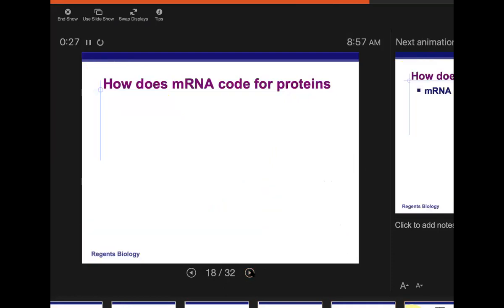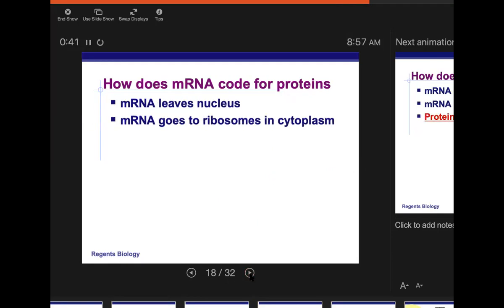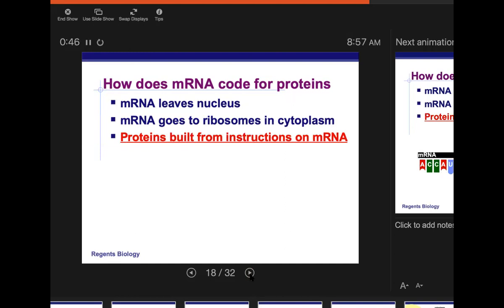So how does mRNA code for proteins? Okay, so now we've got the mRNA. How do we turn that into a protein? Well, the mRNA leaves the nucleus and goes to the ribosomes. Then the proteins are built from the instructions on the mRNA. So you want to make sure you're filling out your notes for this one.